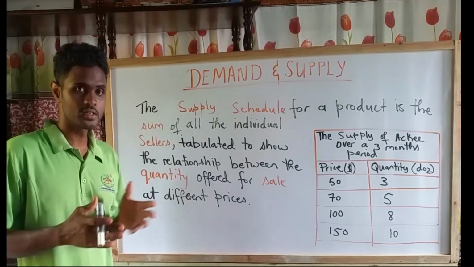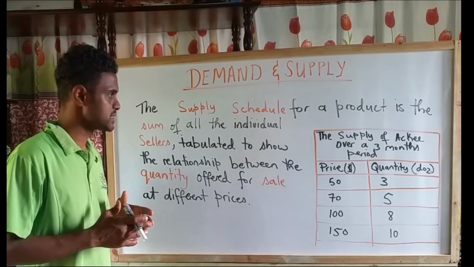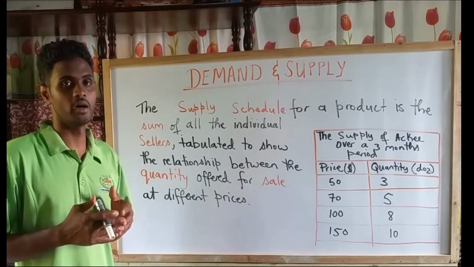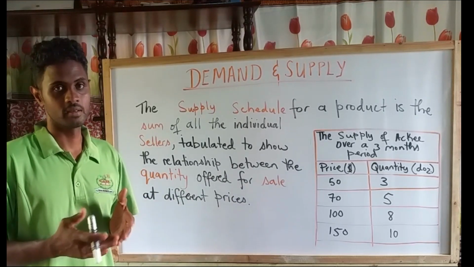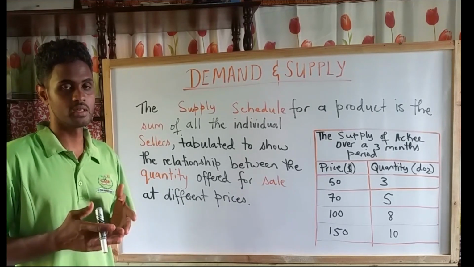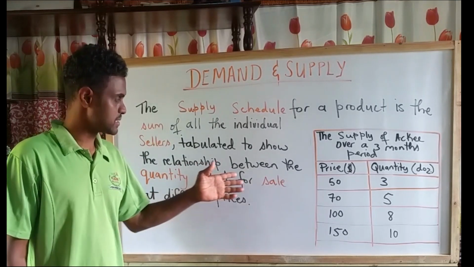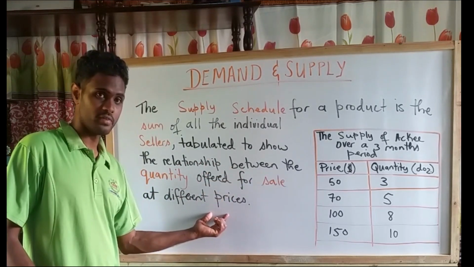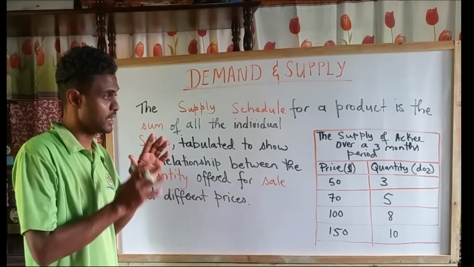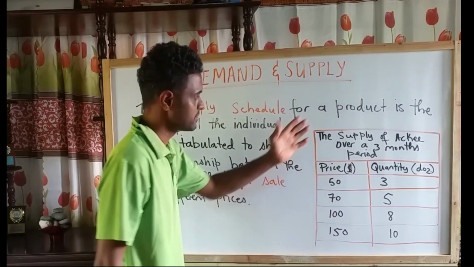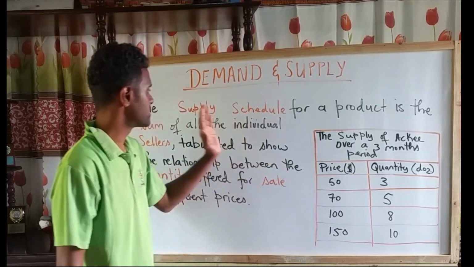So all the sellers of a particular good, say Aki, we're looking at the supply schedule of Aki in Jamaica, and we have 10,000 persons selling Aki. All the information on the amount they will put on the market, which we call quantity, as it relates to price, for all those suppliers is tabulated. That tabulation of all the information is called the supply schedule.